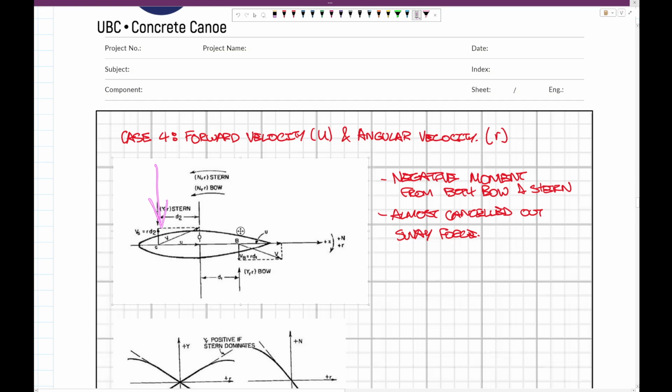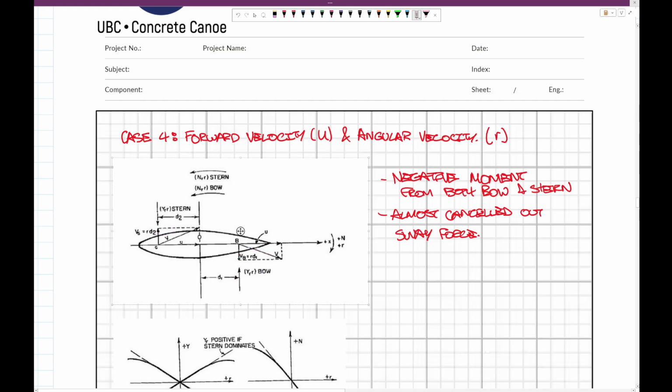Then we're going to get a positive reactionary sway force in the stern, and this is about this axis, so we're going to get a positive contribution of the moment in that direction, right? So therefore, we're going to get a negative moment both from the bow contribution and the stern contribution from the sway forces.